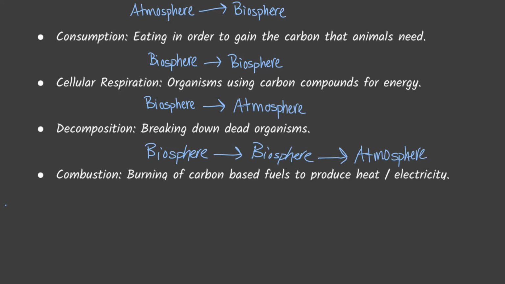So the reason why fossil fuels are great for making electricity is because they're great for producing heat, and we have to boil water to move a turbine. So combustion is the burning of carbon-based fuels to produce heat and electricity. This goes from the geosphere to the atmosphere.